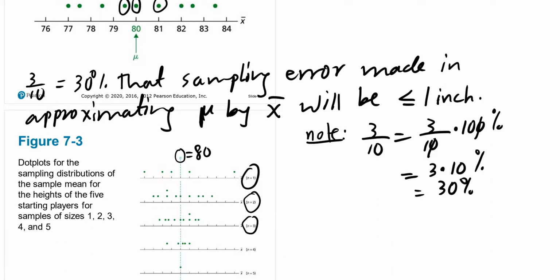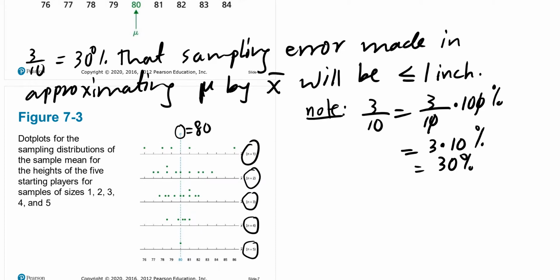If you do 3 at a time, like ABC, ABD, BCD, ACD, then you will get these dots. If you do 4 at a time, ABCD, ABDE, or something like that, you just list 4 at a time. And then 5 at a time, there's only 1, because there are only 5 of them, A, B, C, D, E. So you get only 1 dot.